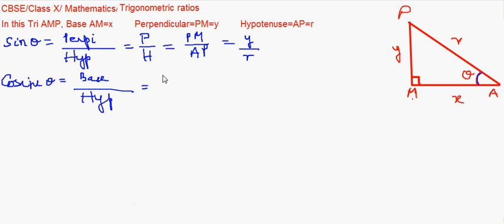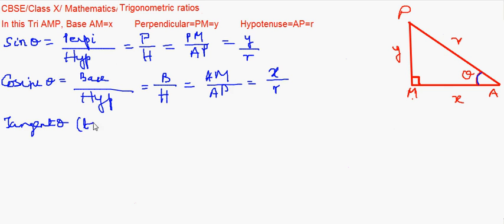Base, you remember by B by H. So sine theta is P by H, and cosine is B by H. B here is AM, and hypotenuse again remains AP, so it is X by R. Now tangent, tan theta, is perpendicular by base, so it is P by B, which is Y by X.